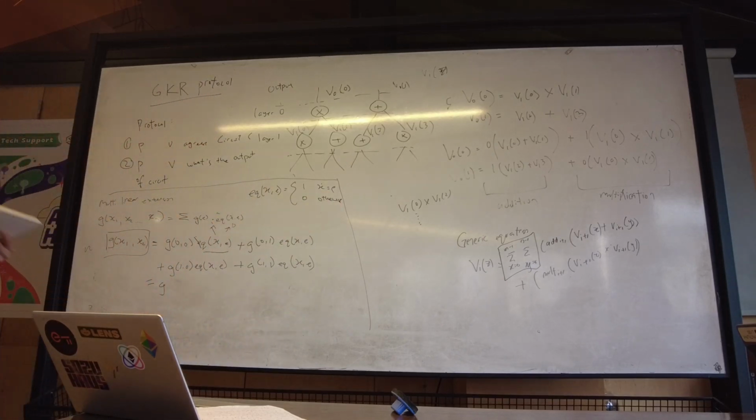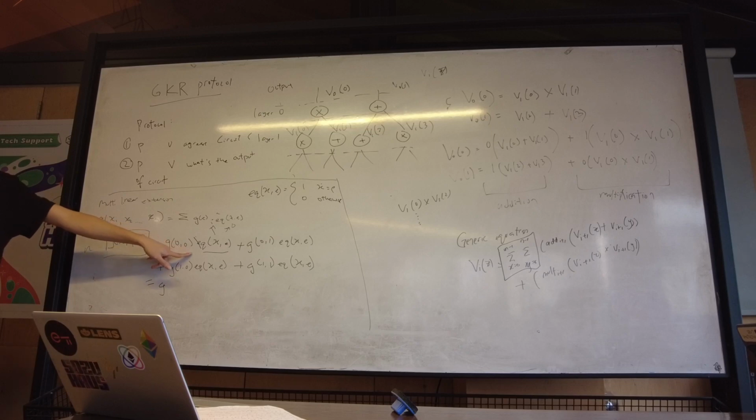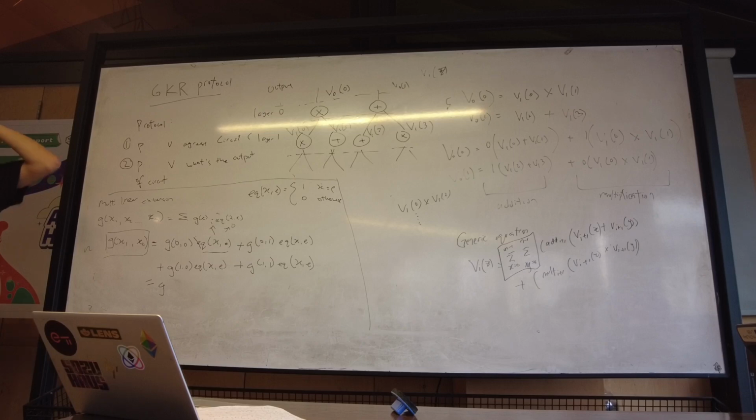Okay. So here, are all the equal functions the same or are they different? I think they're the same. Because I think the parameters are different.